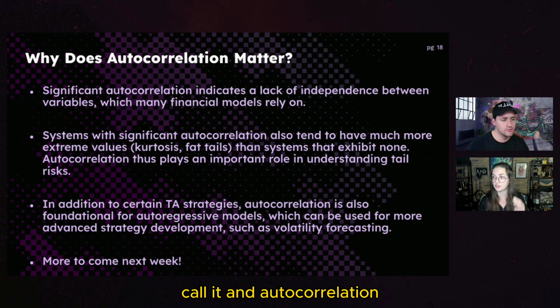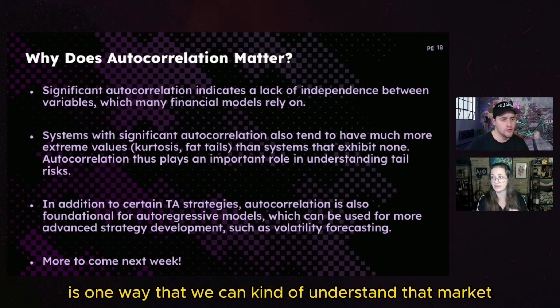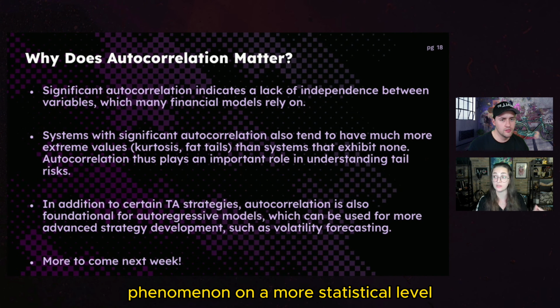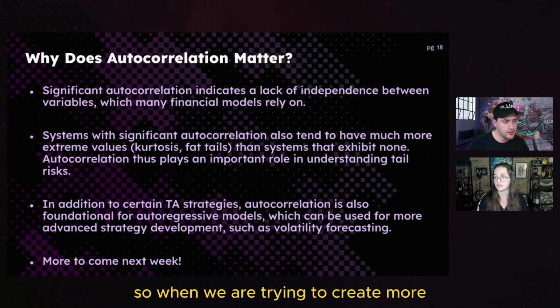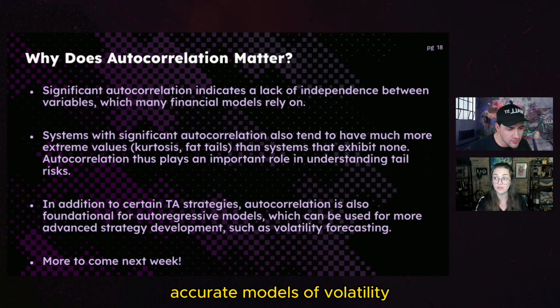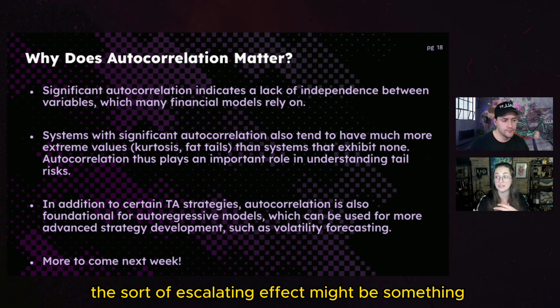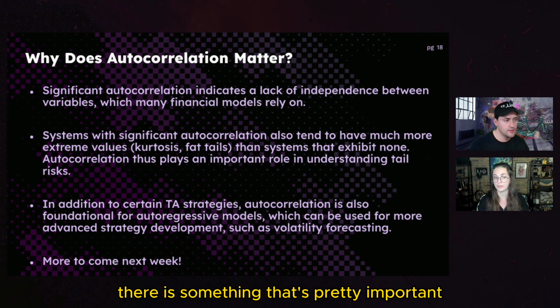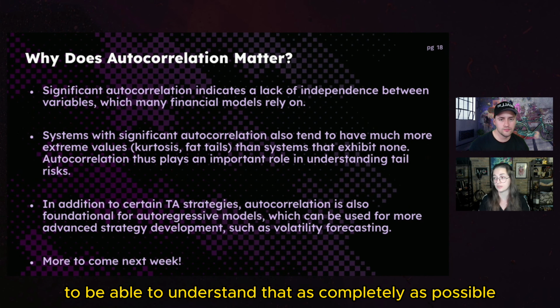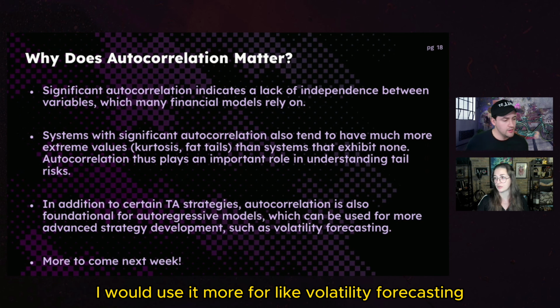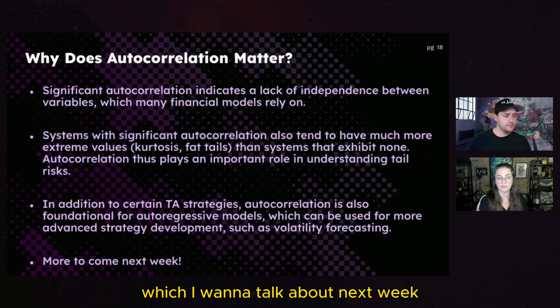And autocorrelation is one way that we can understand that market phenomenon on a more statistical level, if that makes sense. So when we are trying to create more accurate models of volatility, this avalanching effect, this escalating effect, is pretty important to understand as completely as possible. But personally, I would use it more for volatility forecasting, which I want to talk about next week.